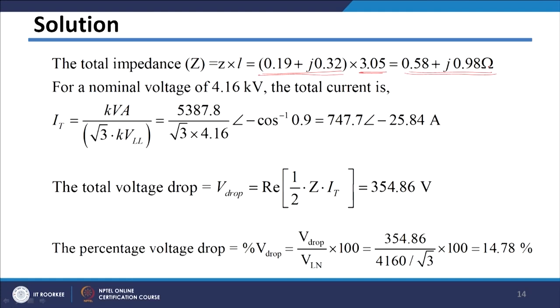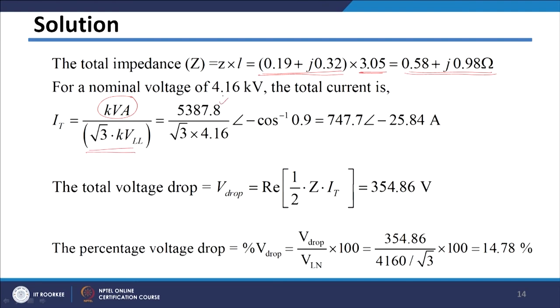Let us calculate current, total current entering into this rectangular area for nominal voltage of 4.16 kV. So, it is easy, total kVA divided by root 3 into line to line voltage.